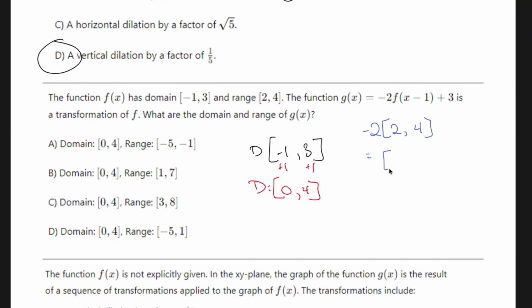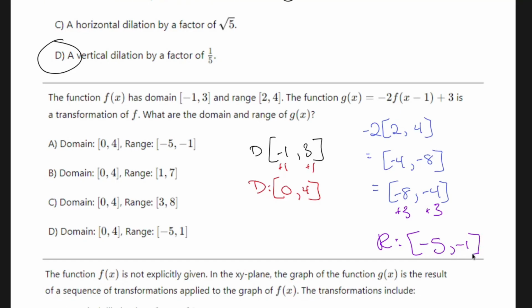That gives me negative 4, negative 8, but common sense tells us that's backwards, negative 8, negative 4. Now by moving it up 3, we're going to add 3, and that gives us a final range of negative 5, negative 1, and that is going to be A.